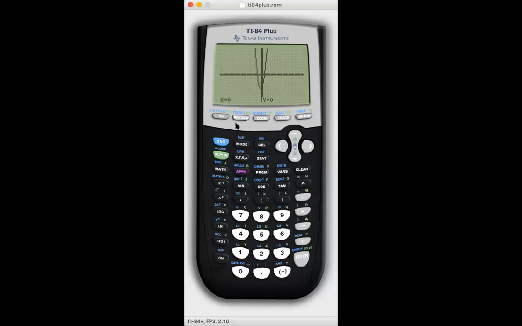So there's another thing you can do, you can go to window and then just change what you want the minimum and maximum y and x axis to be. So then you can see it better. You know, you can change it to anything you want. If you do want to use the negative sign, make sure you use the negative sign right here, on the bottom next to the decimal, and don't use the minus sign because it doesn't like using minus sign as negative.